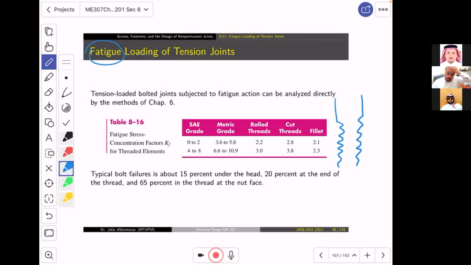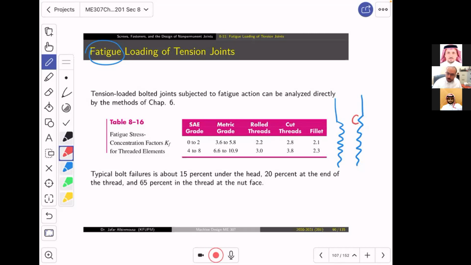However, whenever complexity arises, at least for design practices, the societies and research groups try to investigate things and then provide us standard values. So interestingly, the thread is going to raise the stress because there is discontinuity, there is a sharp edge. However, the matter is way easier than what you think.